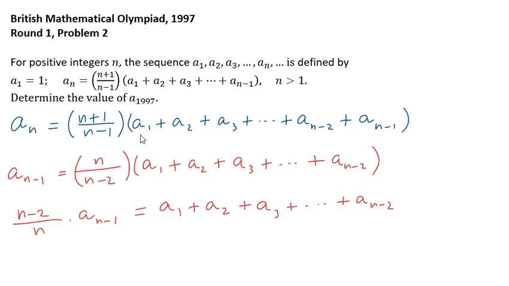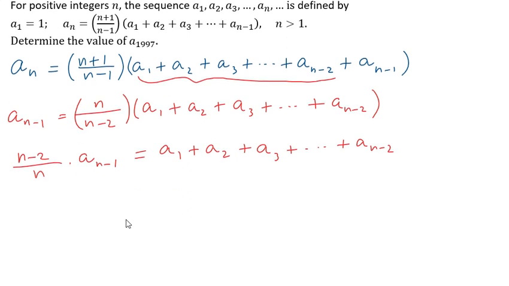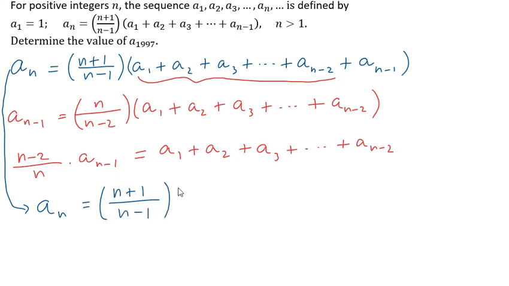Now notice that this sum can be replaced by (n-2)/n times a_(n-1). Okay, so a_n is equal to (n+1)/(n-1) times (n-2)/n times a_(n-1), plus, take note, we still have here a_(n-1). So we have here plus a_(n-1).